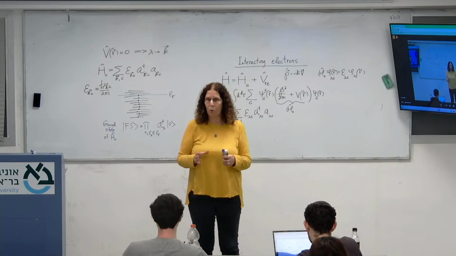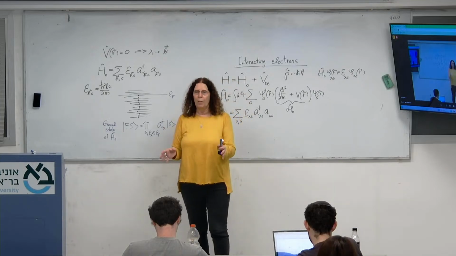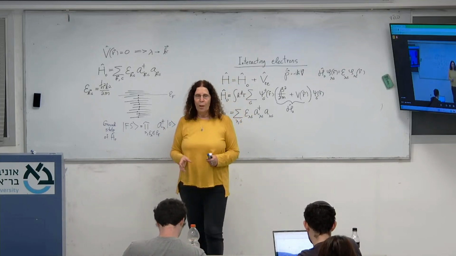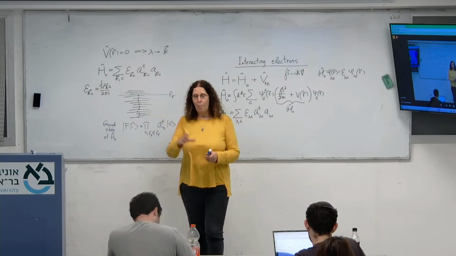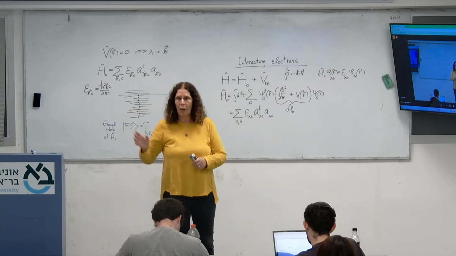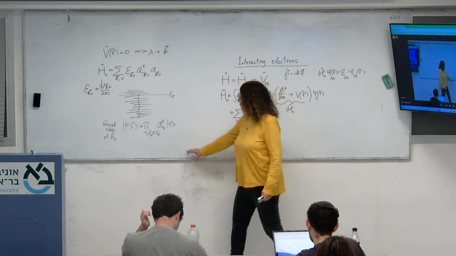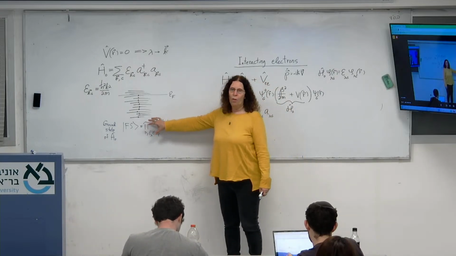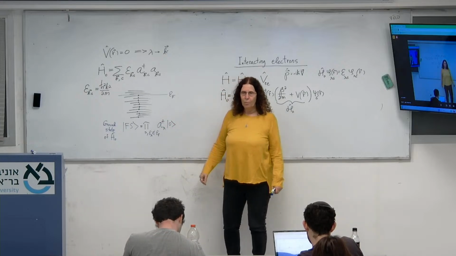You remember how you do perturbation theory. To first order, you take just the expectation value of the perturbation. Second order, you have to sum over matrix elements with a denominator. Okay, you have some expansion, but this is the state that you're going to use as your reference state for doing perturbation theory, okay?